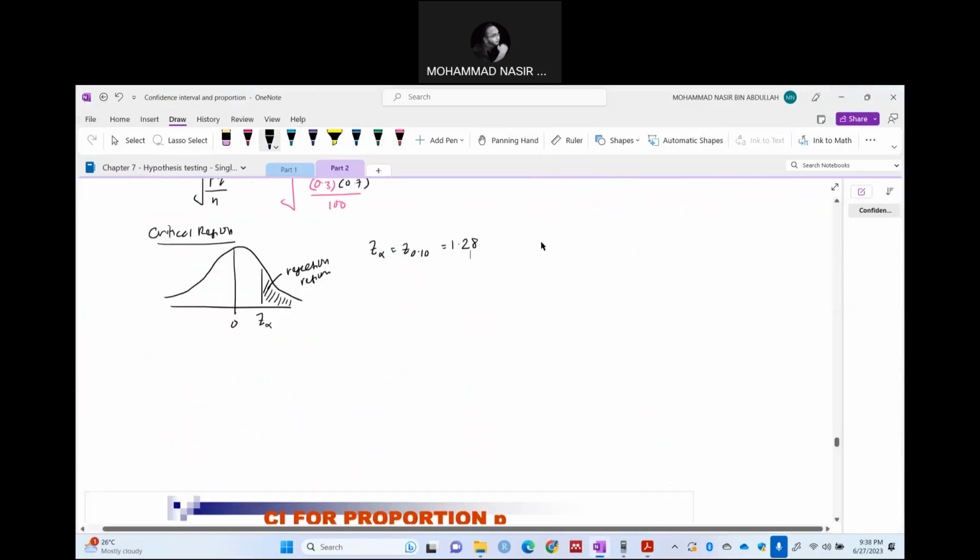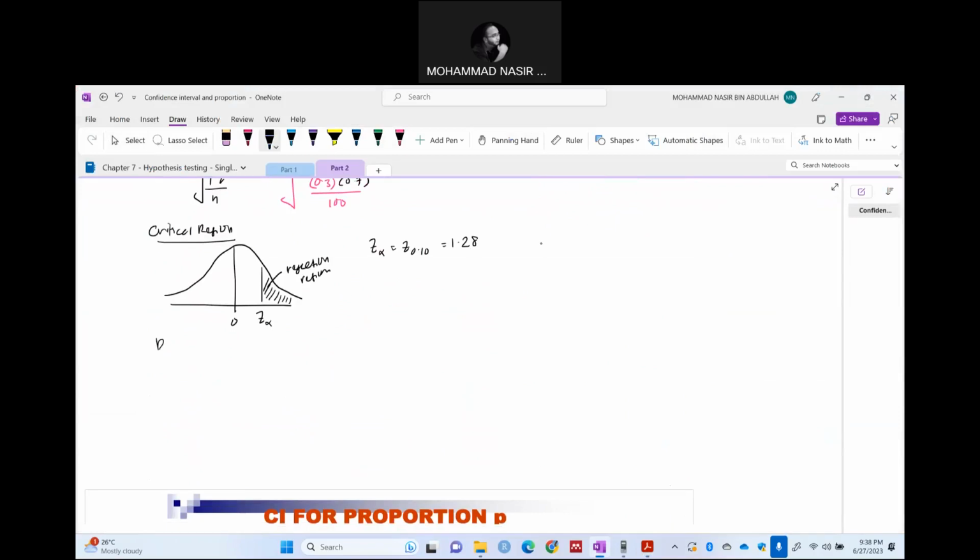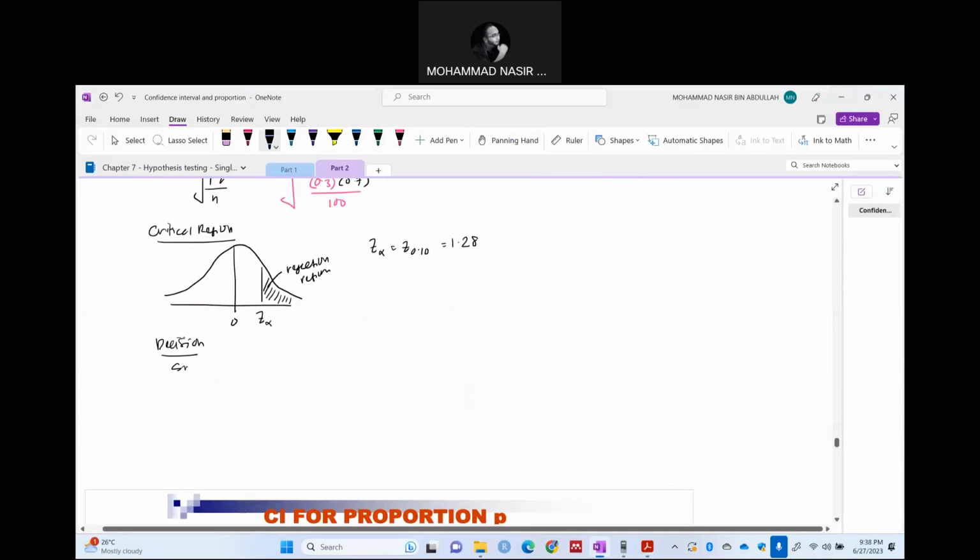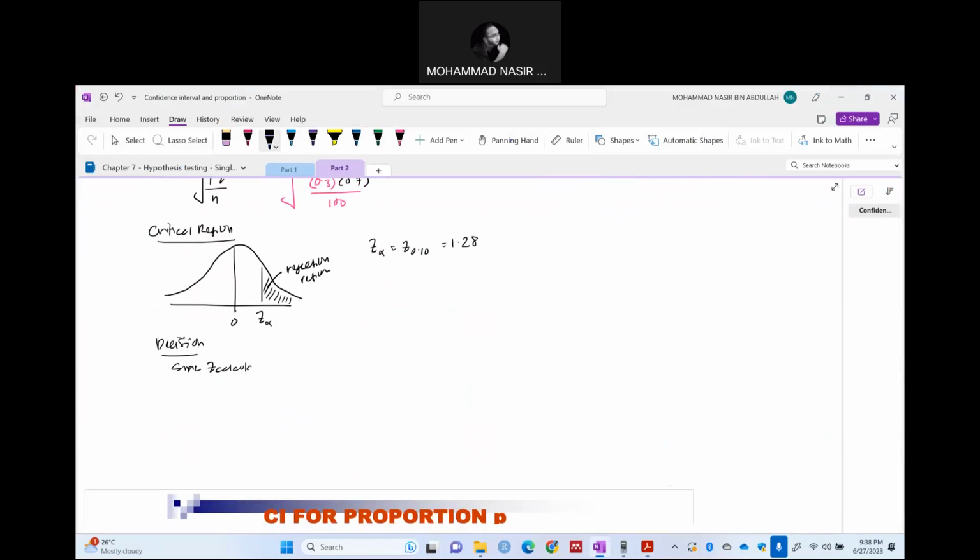So our decision is, since Z calculated is more than 1.28, which is Z alpha, the null hypothesis is rejected.